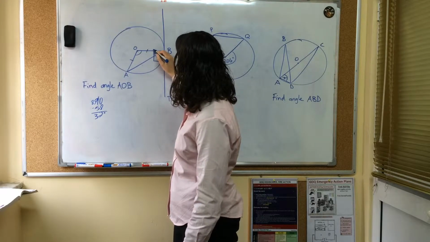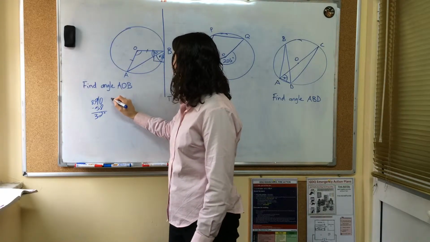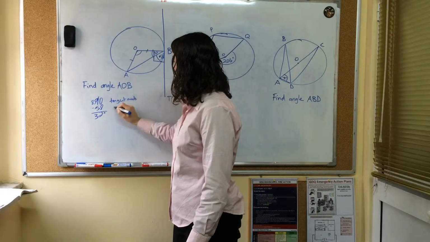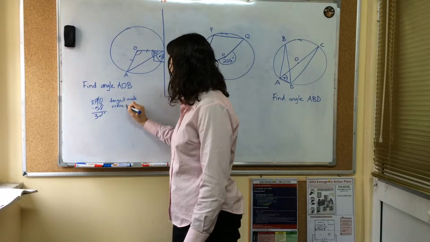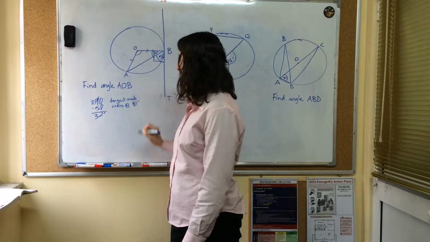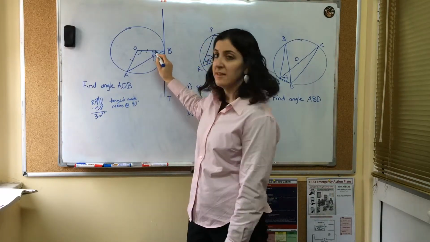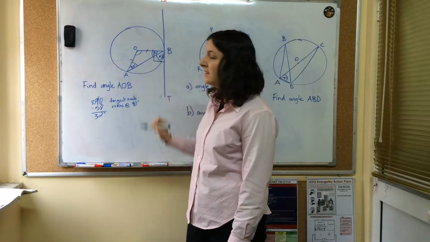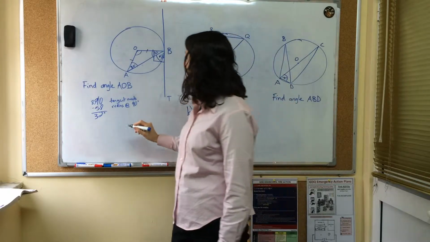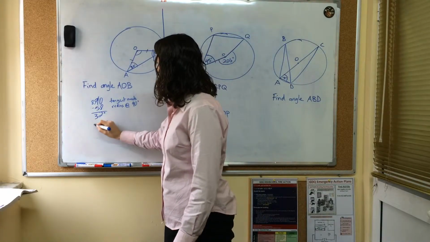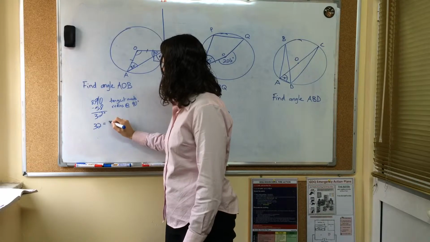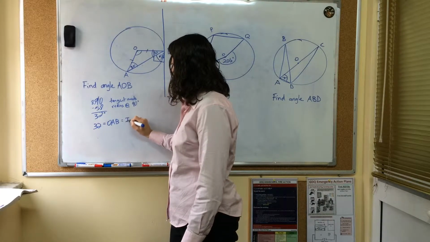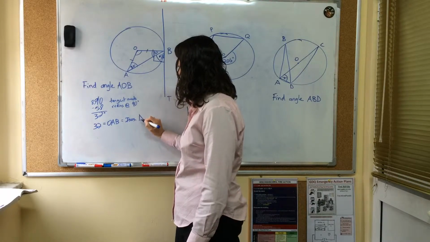This one's 32 degrees, and that's because tangent meets radius at 90 degrees, okay? So if this angle is 32 degrees, then this one also has to be 32 degrees because isosceles triangles. So 32 is OAB because isosceles triangle.